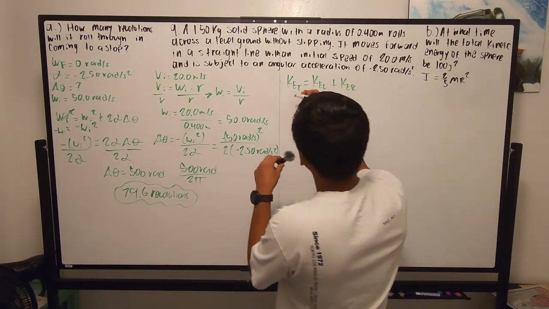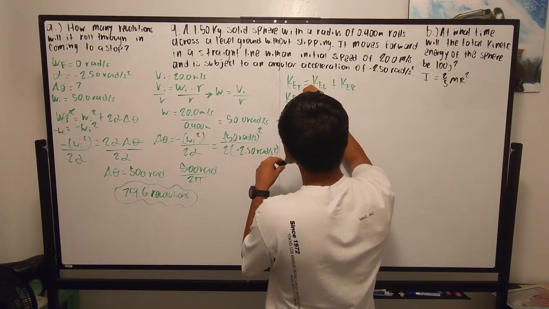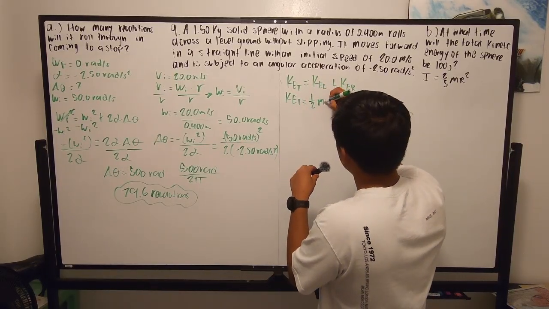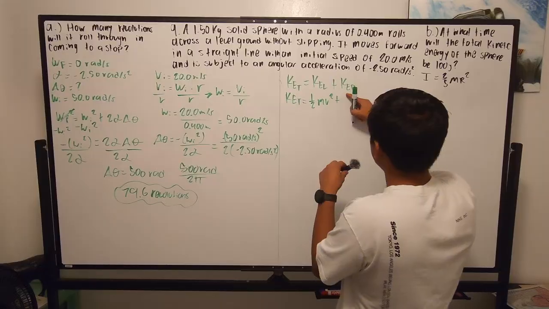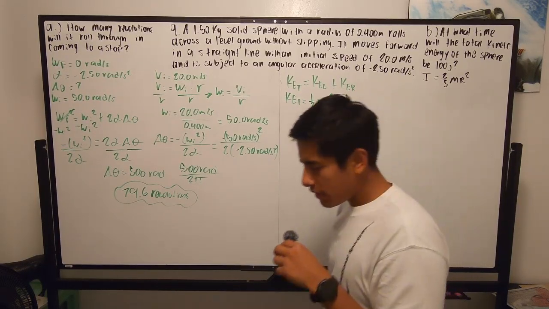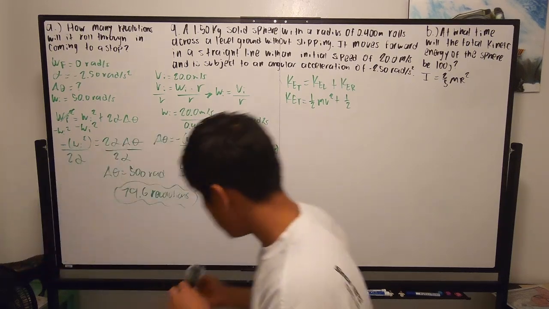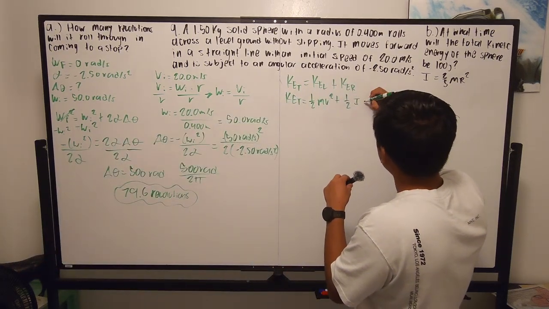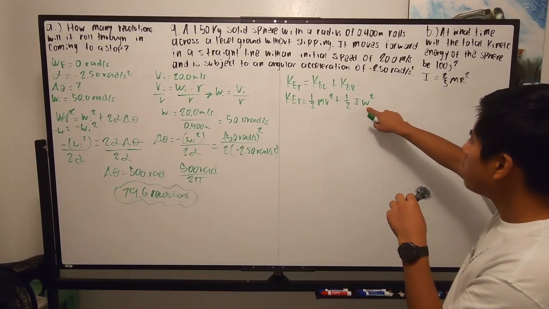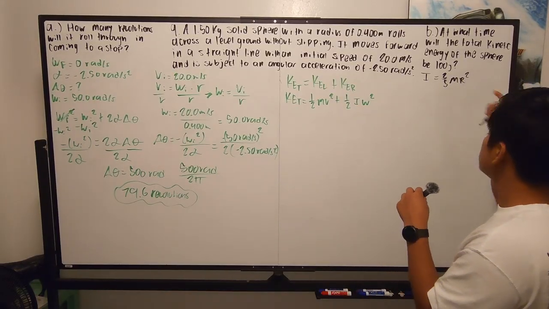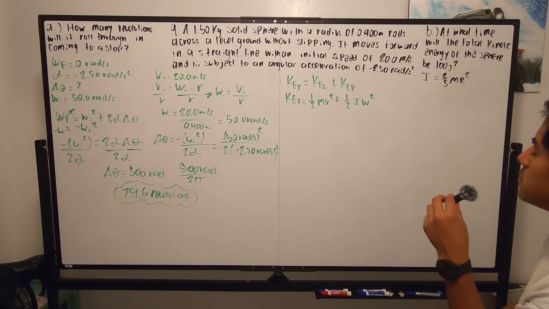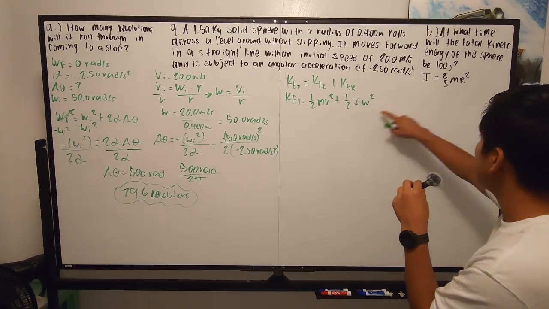Now I have that kinetic energy total is equal to kinetic energy linear, which is 1/2 m v squared, plus kinetic energy rotational, which is 1/2 I omega squared, where omega is omega final, and the I is, of course, this right here. So now we're going to expand this even more since we have these values.